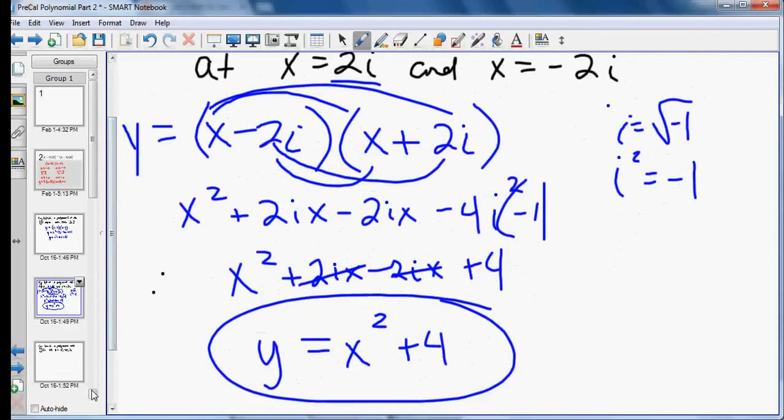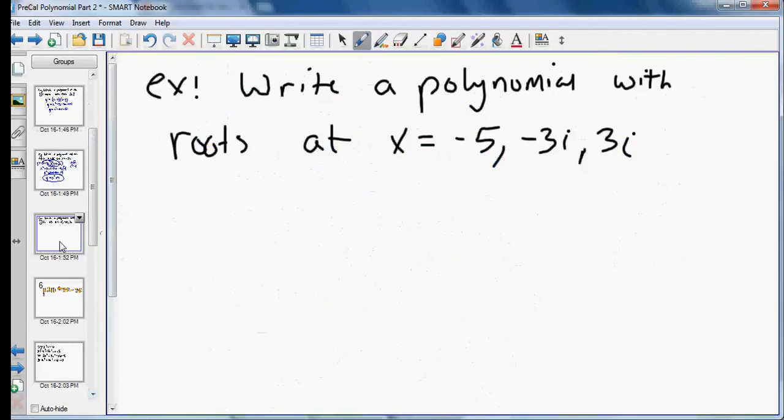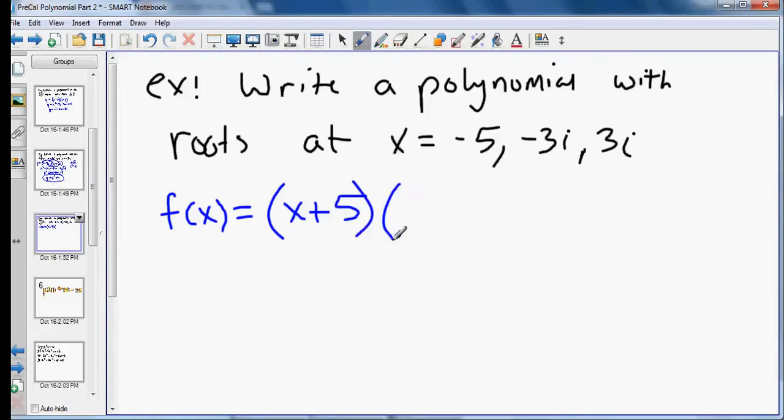Okay, next up, write a polynomial with roots at x equals negative 5, negative 3i, and positive 3i. Remember, the pattern is to just do x minus the root. I'll do f of x is equal to x minus a negative 5, so that'll be plus 5, x minus negative 3i, that's plus 3i, and then x minus 3i.